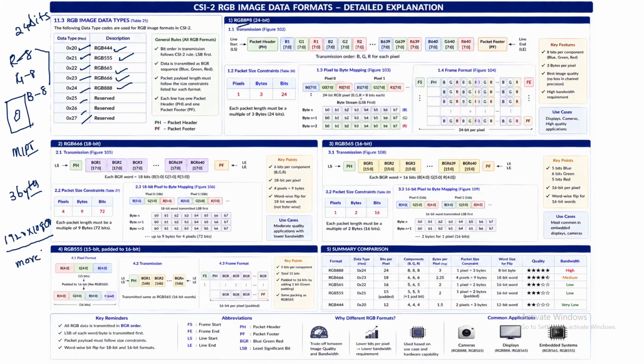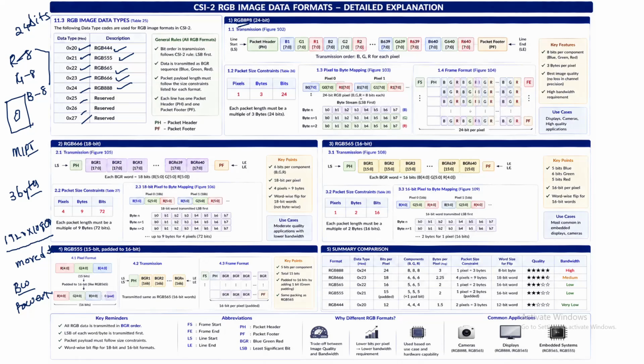If you are using more data, your bandwidth is also more, and then you need more power also. So based on the image quality only, we are transmitting the data.